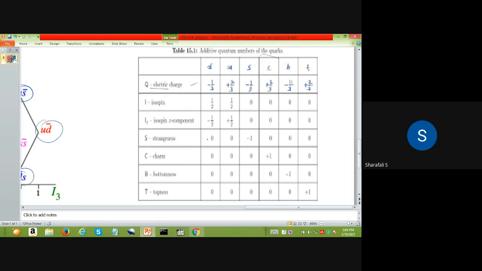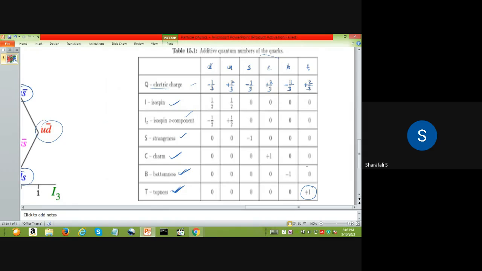Then we have isospin associated with all these quarks, and the Z component of the isospin. Then strangeness, charm, bottom, and topness: this is charmness, this is bottomness, this is topness. For the top quark only, we have topness.